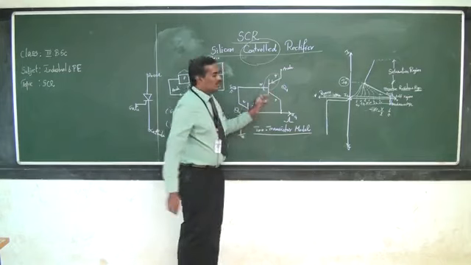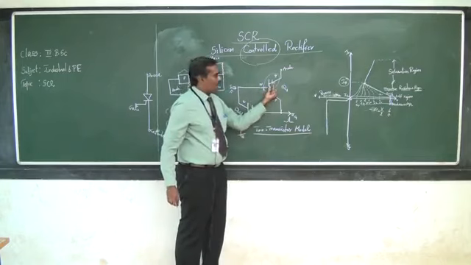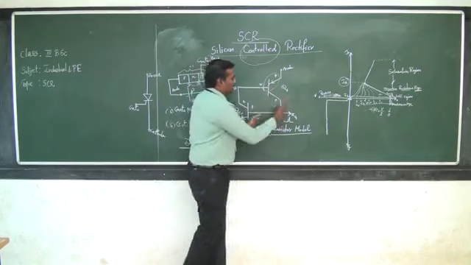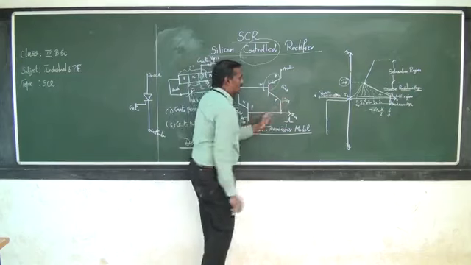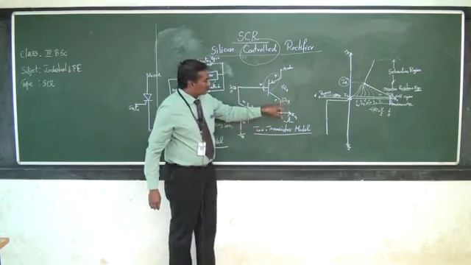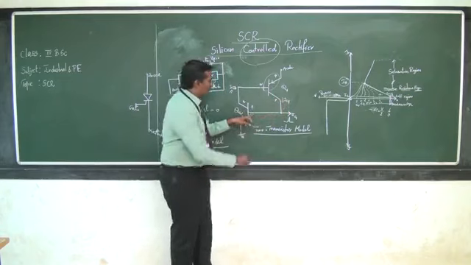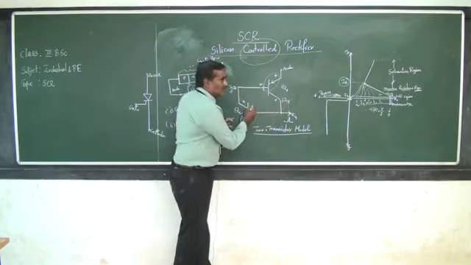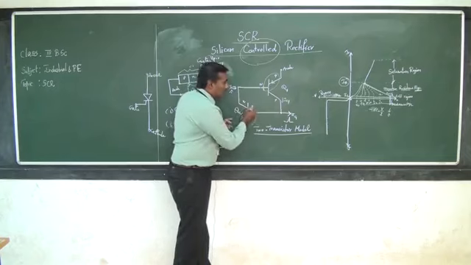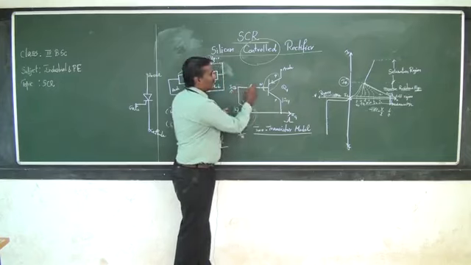Thereby this collector current increases, and slowly it comes here. Comparatively, in this SCR, this PN junction gets forward biased. Once the forward biasing happens at this junction, this collector current increases and comes over here. It again forward biases this PN junction, and thereby the collector current flows.